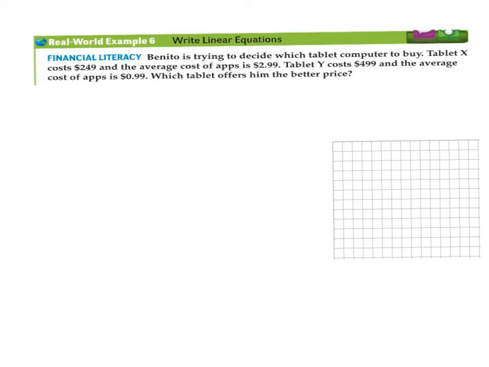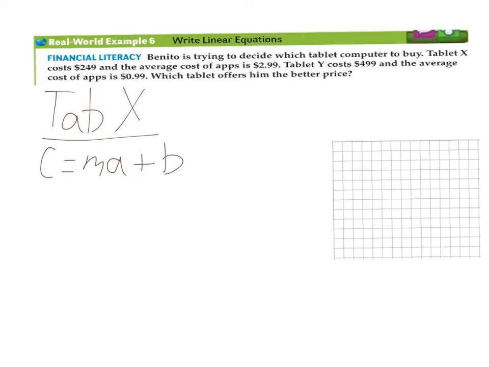With regard to tablet X, if we think about it in terms of the cost, the overall cost is going to be equal to the slope times some amount of apps we're going to buy plus the base price of the computer.